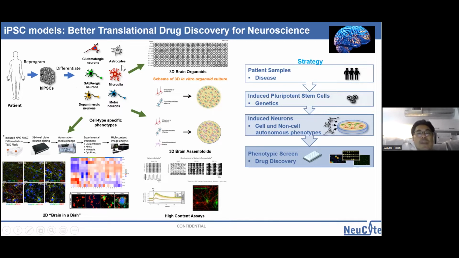We can incorporate these different brain cells into 3D organoids or assembloids to also better model the brain in a dish. And using these platforms, we can collect some phenotypic data that will allow us to screen or uncover pathways for drug discovery.